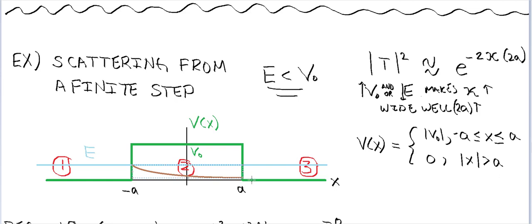But it's not zero, right? So if I make this step narrow enough, or if I make V naught not way bigger than E, there is definitely a non-zero probability that the particle can go from region 1 to region 3. Classically, that can't happen. In quantum mechanics, though, it is absolutely possible for this particle to tunnel from region 1 to region 3.